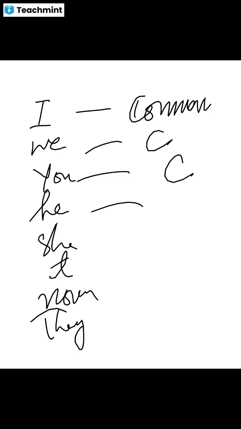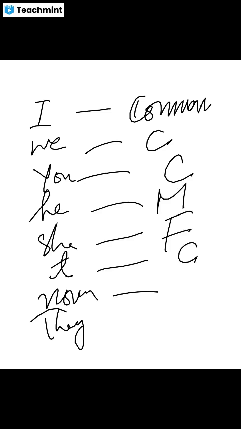He is masculine, she is feminine, it is common. Noun, when we take this noun in general, it's common. It can be a male name, it can be a female name. Then they, it's common again. They are boys, they are girls. So these are the things related to gender.